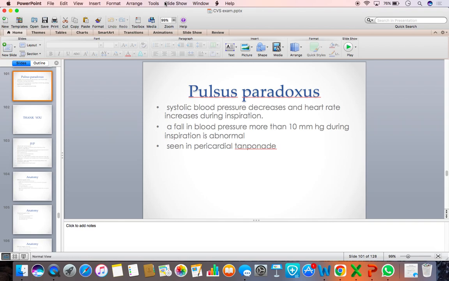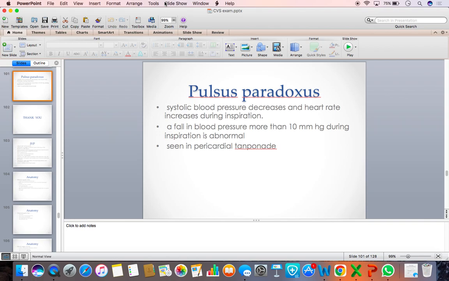What is pulsus paradoxus? It is a normal phenomenon which is exaggerated. A fall in systolic blood pressure, an increase in the heart rate during deep inspiration is a normal phenomenon.